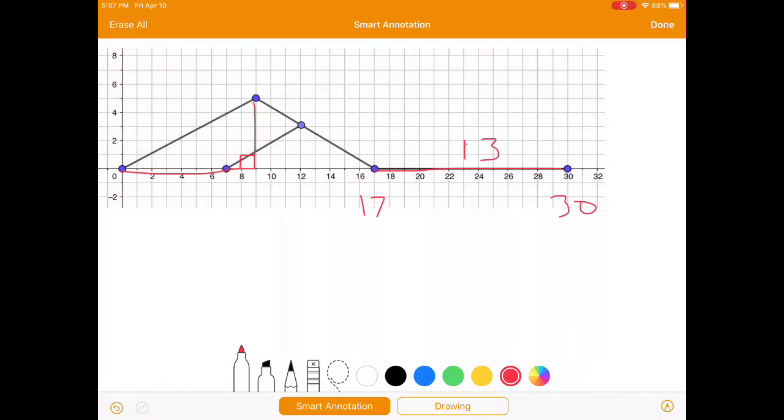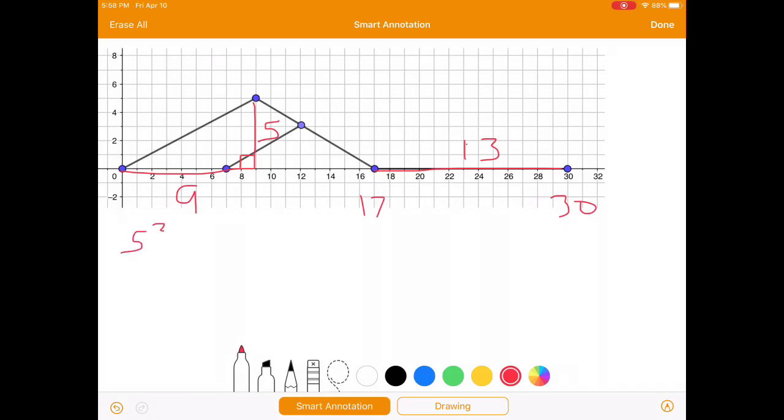So we can go ahead and count what our legs are and use that to identify our hypotenuse with the Pythagorean theorem. If we're going vertically here, we're going up to 5. So that leg is 5. And the horizontal leg goes out to 9. So we're looking at 5 and 9 as our legs here.